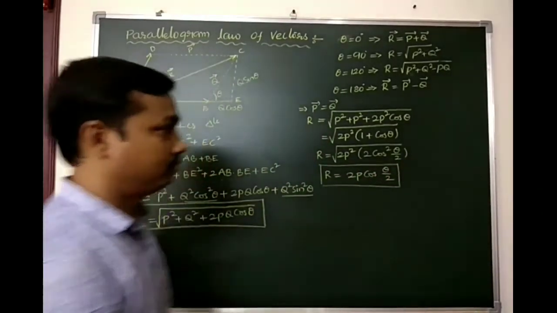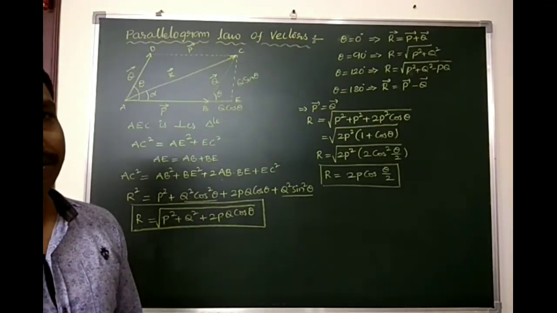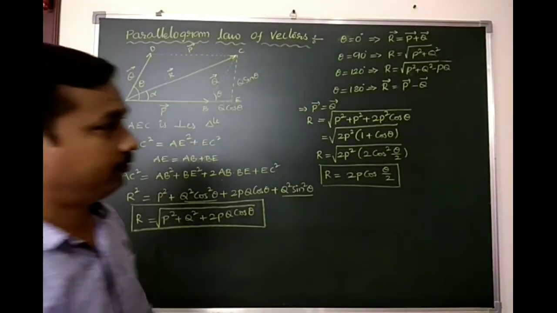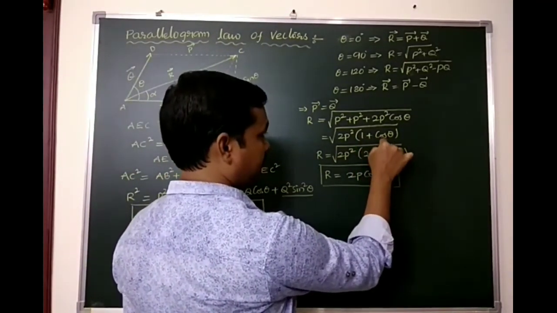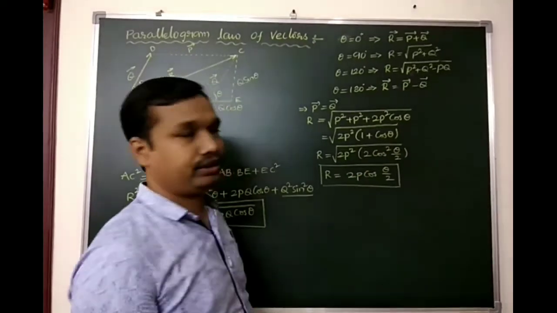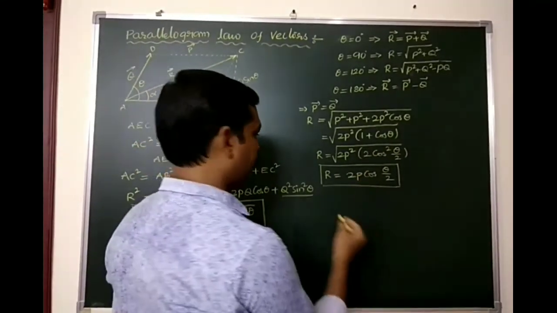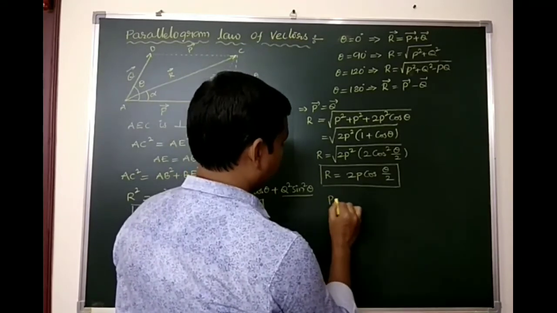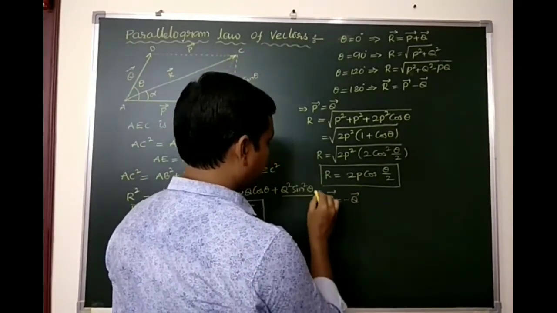This is one more. Okay, if P is equal to minus Q, here we will get minus sign. 1 minus cos theta is giving you 2 sin square theta by 2. So if P is equal to minus Q, both are in the opposite direction.